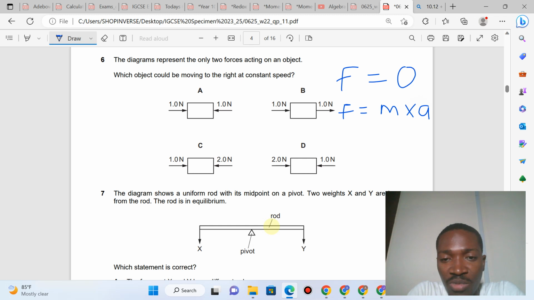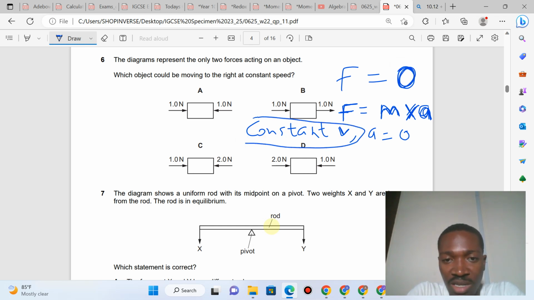If the speed is constant, at constant speed or constant velocity, acceleration is equal to 0. When you multiply the mass by an acceleration of 0, you have a resultant force of 0. So the only case where the speed is constant is when the resultant force is 0, which is option A.